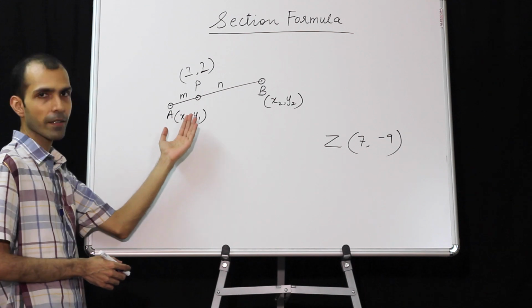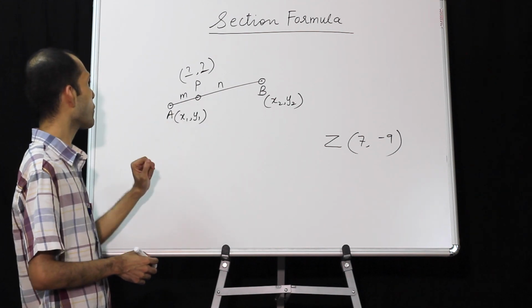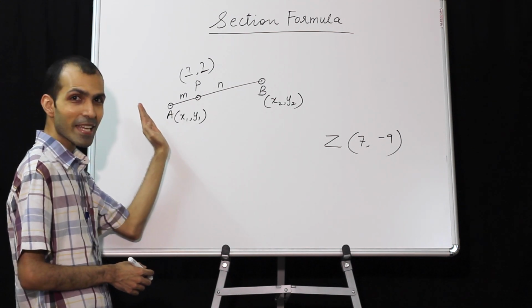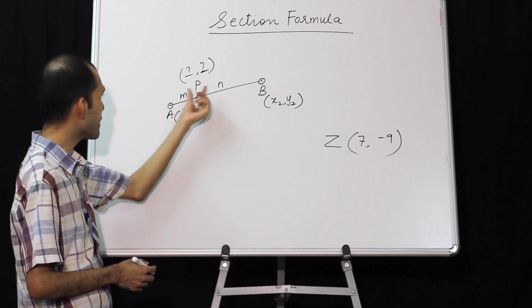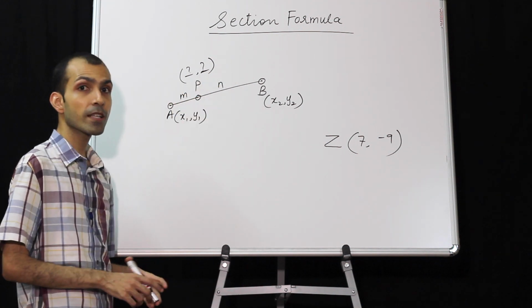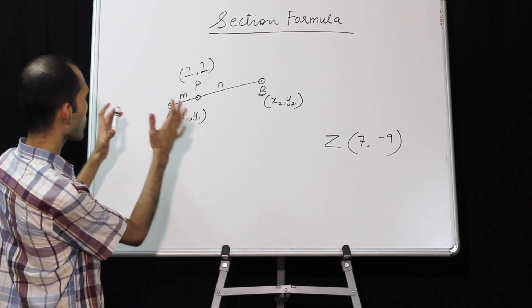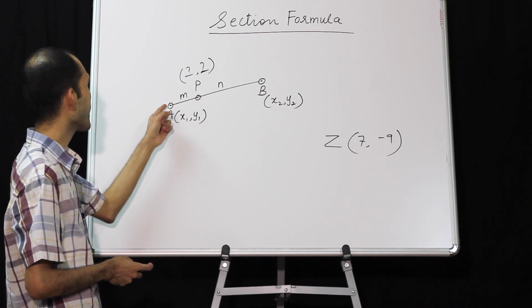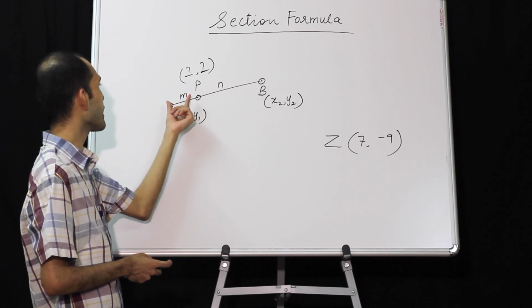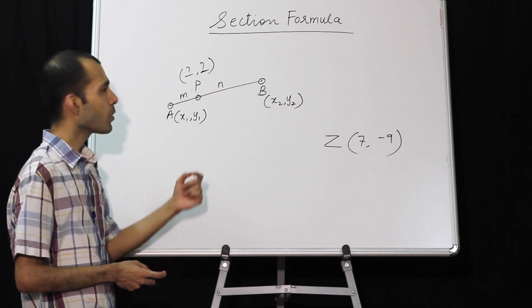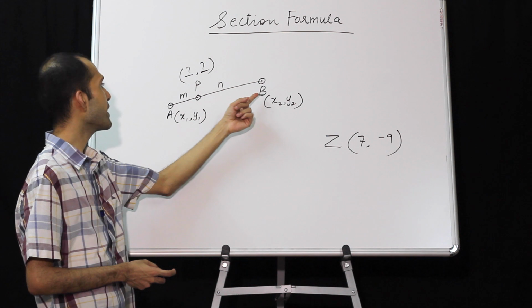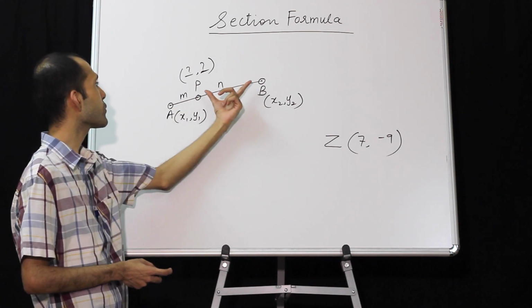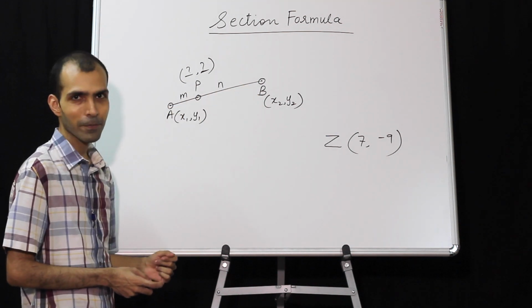Now coming here, P is a point which is dividing segment AB in the ratio m:n. So here the order is very important. If I have to read this diagram, I would say point P divides segment AB in the ratio m:n, or point P divides segment BA in the ratio n:m.